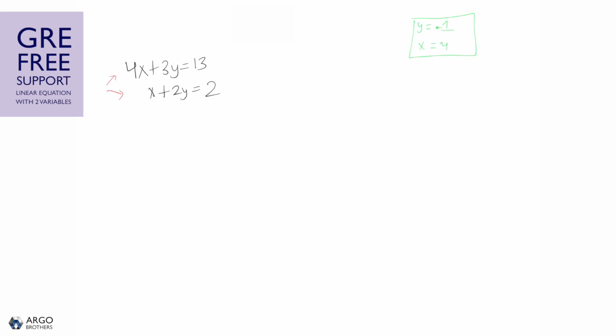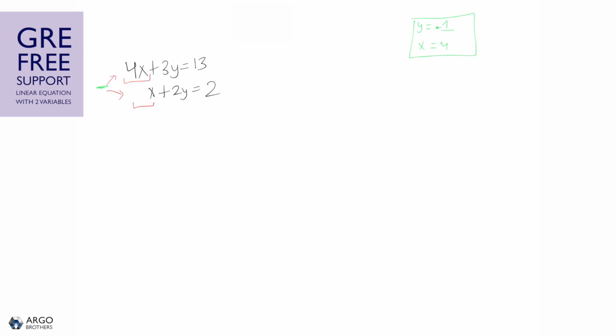Let me first show it to you so it's more clear. I have a 4x over here, right? If I can somehow make this equation into a 4x, it's going to be very useful for me because I can subtract the first equation by the second equation, and I can automatically eliminate one variable. What do I mean by that? Once again, let's first do the problem, and then you'll get a better idea.